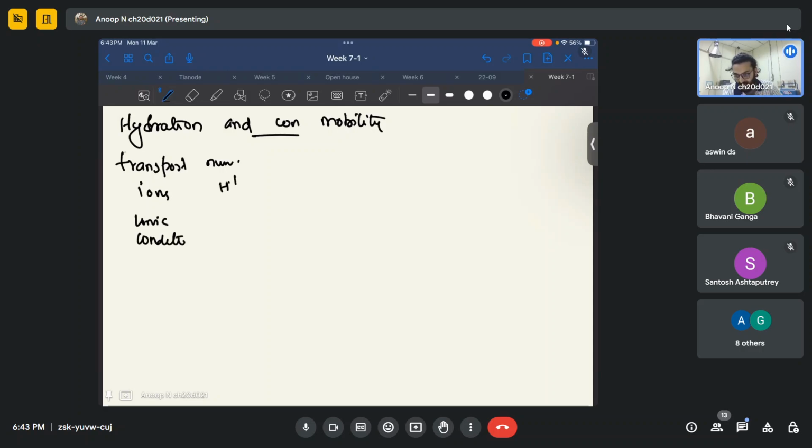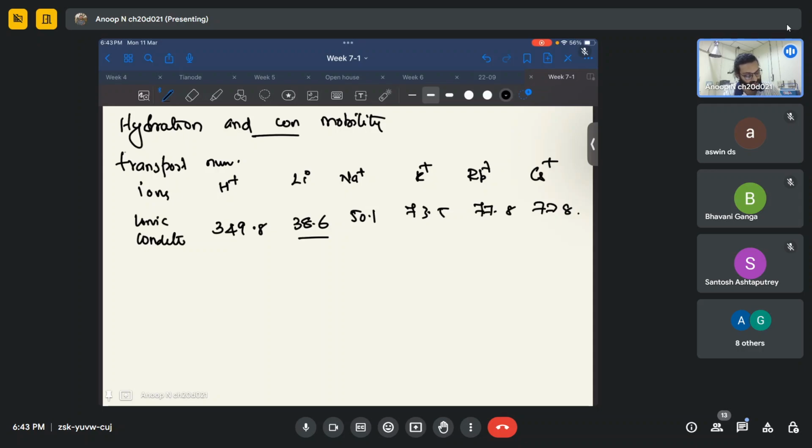We have seen H+ has very high ionic conductivity, something like 349.8, and for Li+, Na+, K+, Rb+, Cs+ we have 38.6, 50.1, 73.5, 77.8, 77.8. So we have seen an increasing trend here.